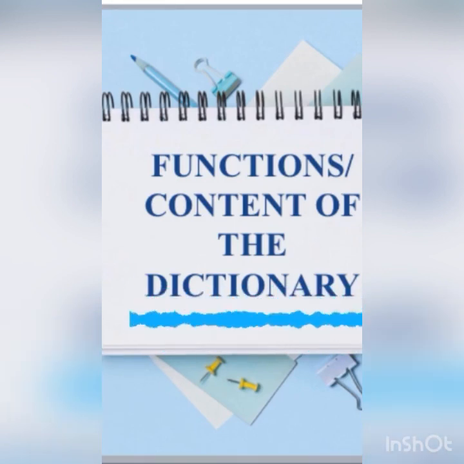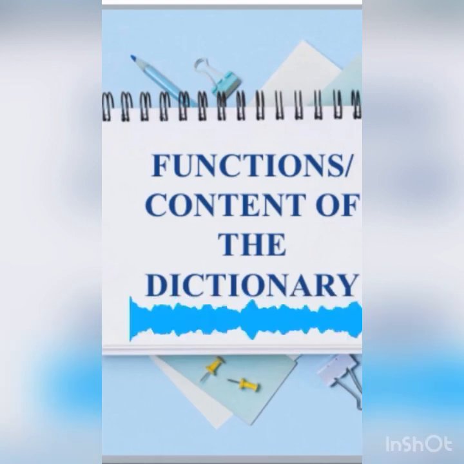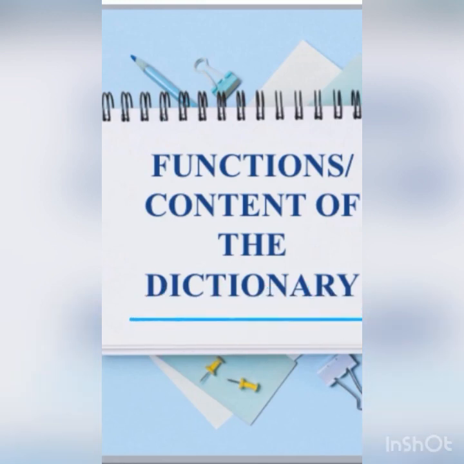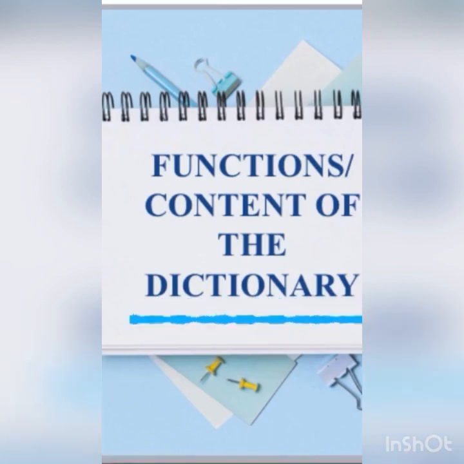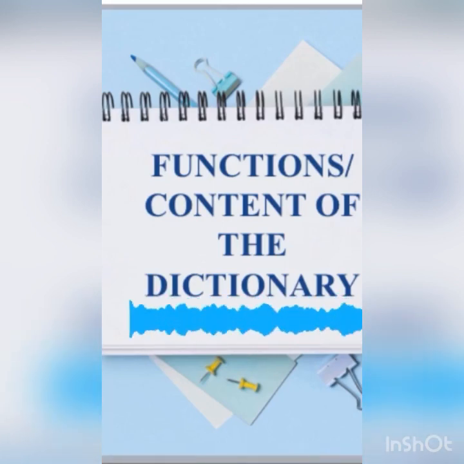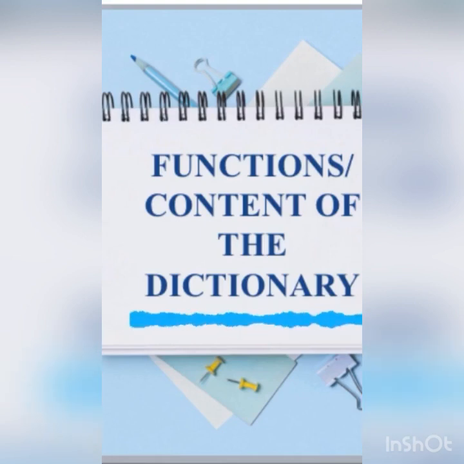We have AUS to show that it's Australian English. We have GK to show that it's Greek, so we have different register labels, and we can have that information from the dictionary. We would see INF to show that it's informal, but our standard in writing is formal English. You can leave the informal label for your informal speech.